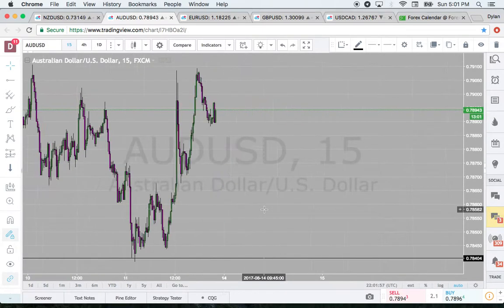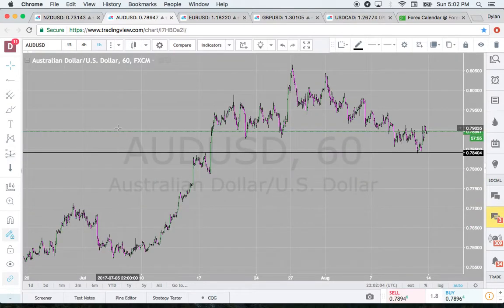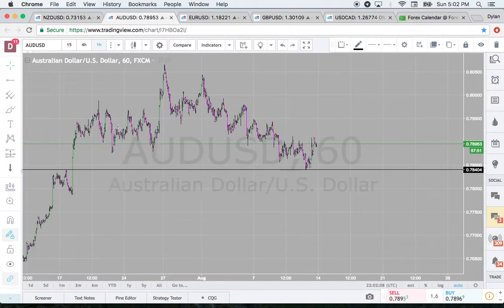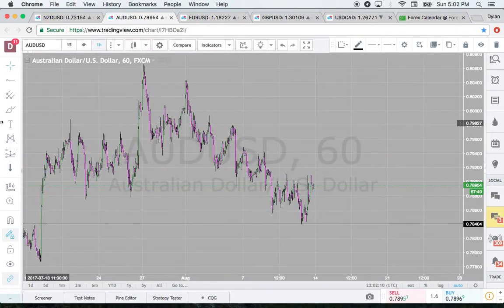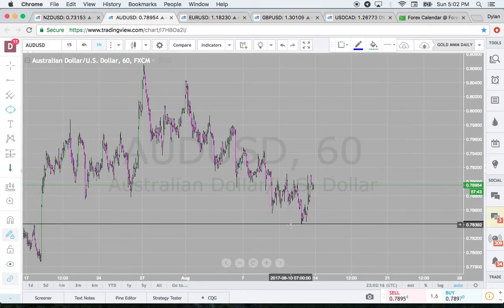Now, looking at the 15-minute chart, actually let's go to the 1-hour. On the 1-hour chart, we could definitely see some news events for this week play in this zone.